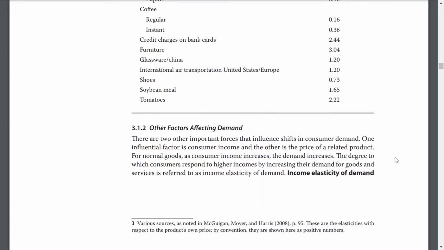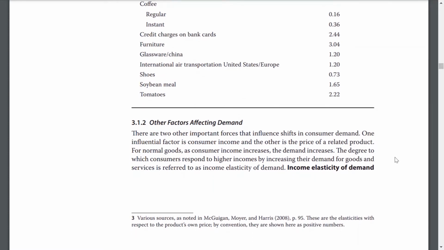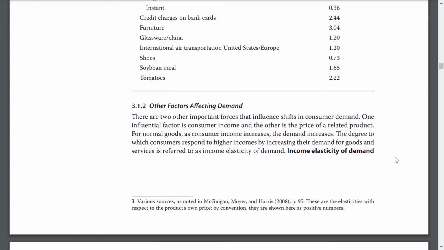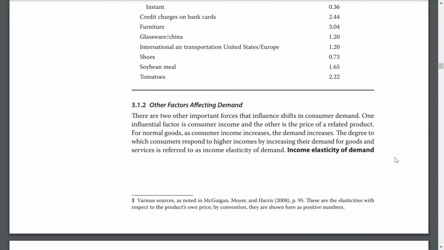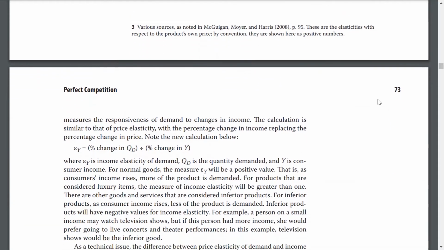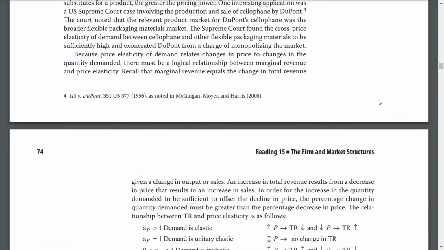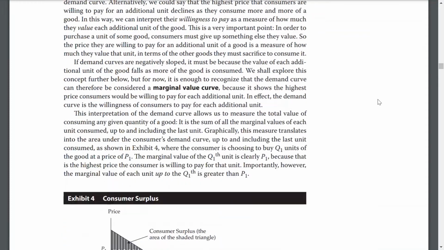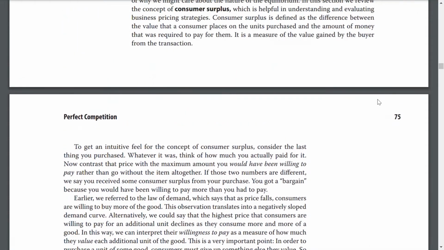The degree to which consumers respond to higher income is called the income elasticity of demand. We've talked all about this actually, and I have also made videos on the XED, YED, and PED. Okay, so I'm going to skip that part.